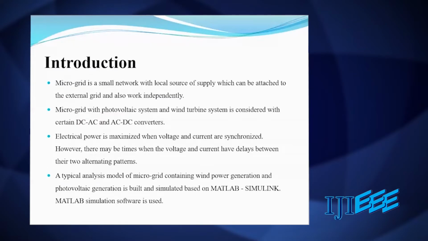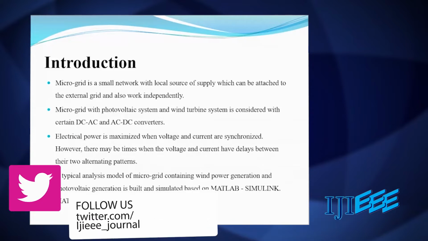A microgrid is a small network with local sources of supply which can be attached to an external grid and can also work independently. A microgrid with a photovoltaic system and a wind turbine system is considered, with DC to AC converters and AC to DC converters. Electric power is maximized when voltage and currents are synchronized.